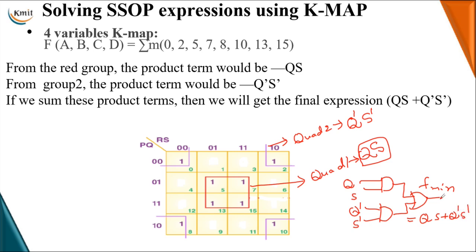Now, upon getting this final minimal expression, it cannot be further reduced. It is in the form of A bar B bar plus AB, so you can replace it with a special gate, which is Q exclusive NOR S. So ultimately our function can be implemented with the basic gates using two AND gates with one OR gate, or simply you can use one exclusive NOR with the connected inputs.